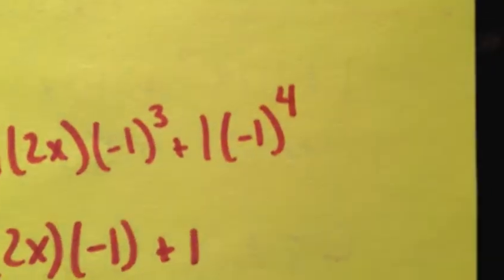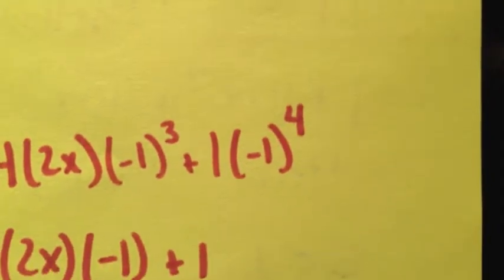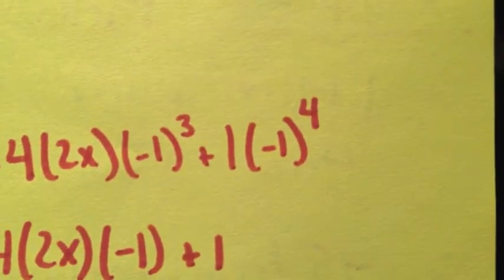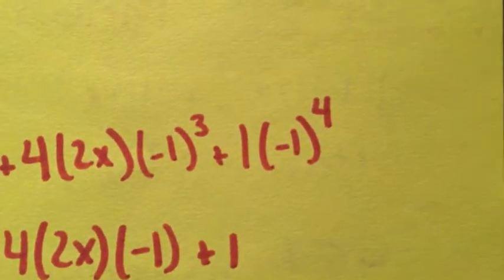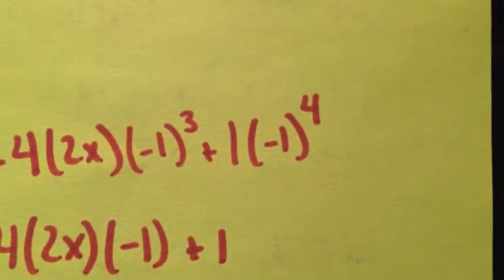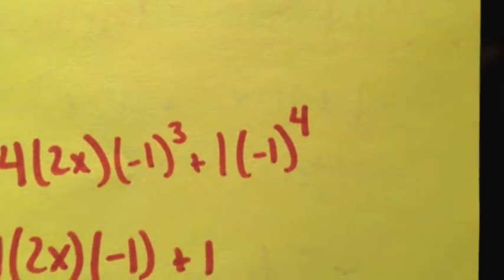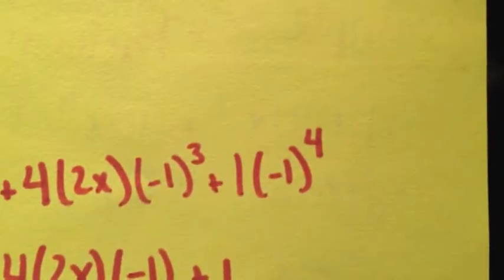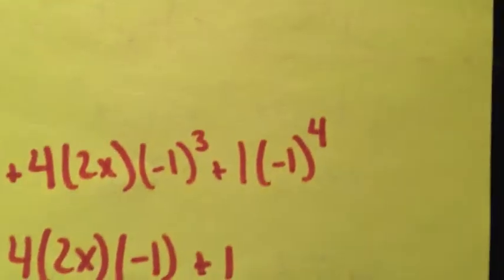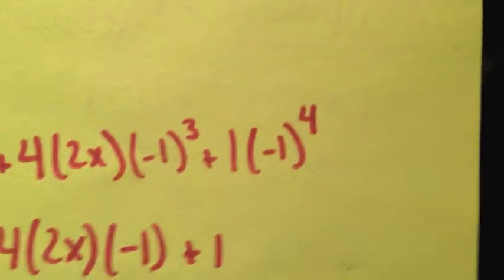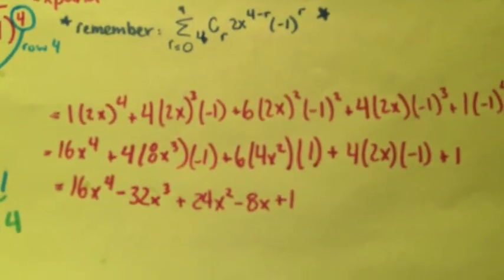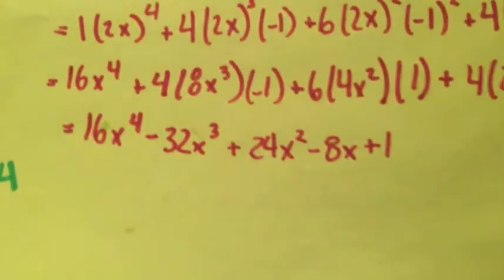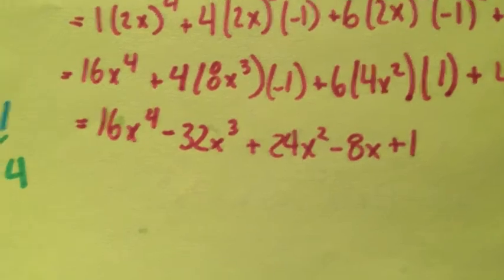And the last term, like I said before, is going to be nCn with the b value raised to the exponent of n, which is 4. And a is not included because it would be raised to the exponent of 0, which would give it a value of 1, multiplying the whole term by 1, which would just give you the same value. You will continue on until you have the whole expanded expression simplified.